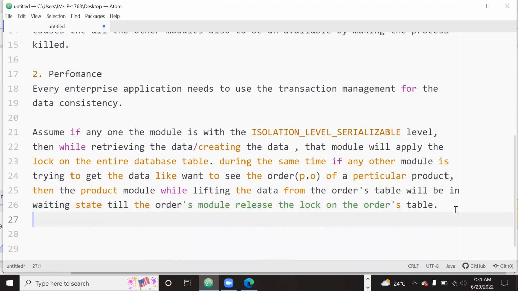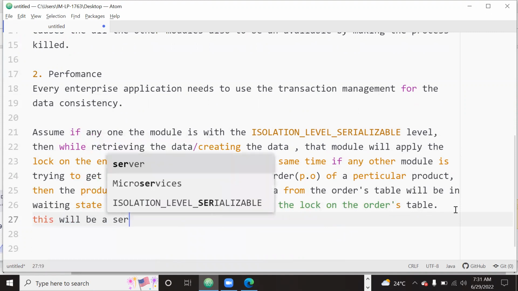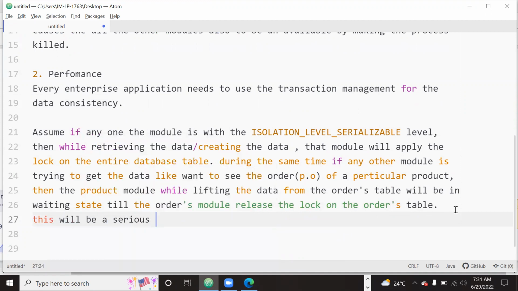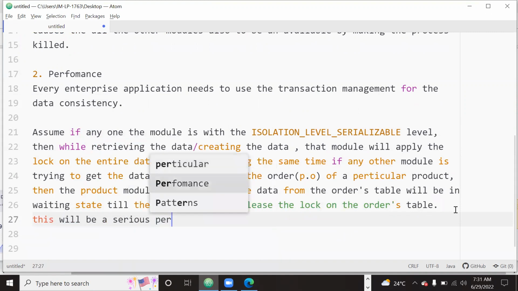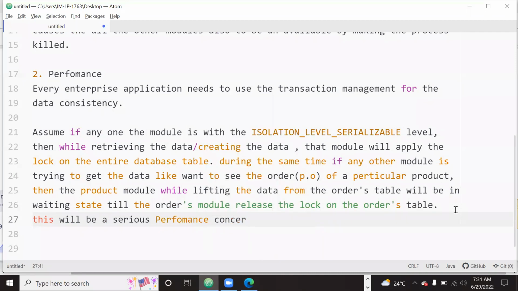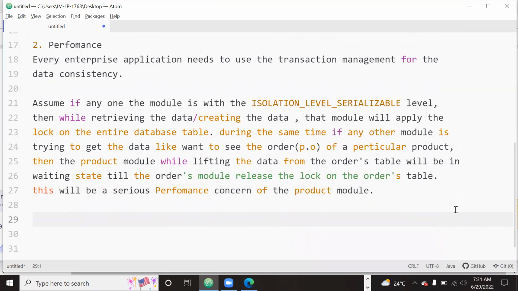So this will be a serious performance concern, right? This will be a serious performance concern of the product module. Got it?